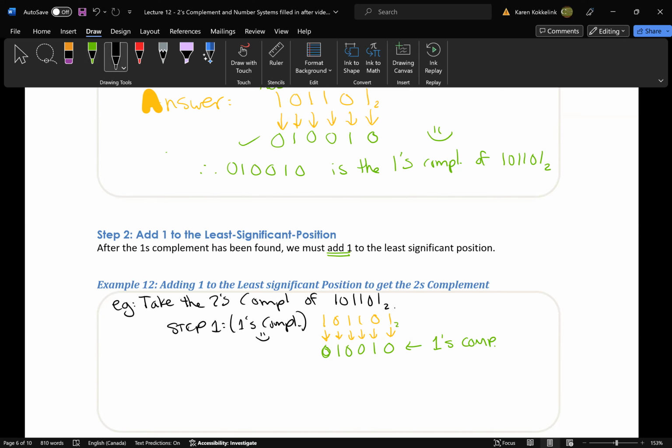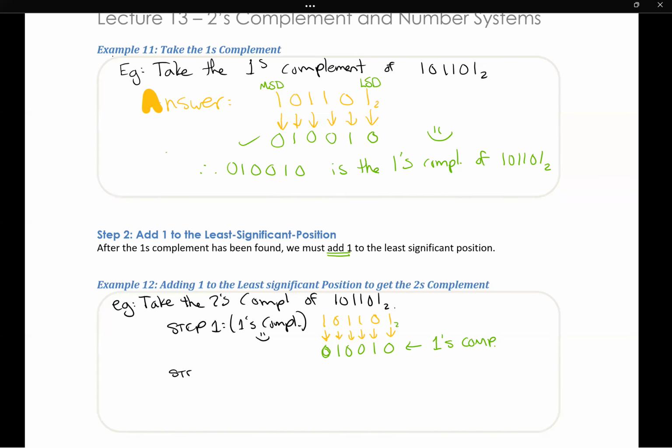Step 2, in order to get the 2's complement, we have to do step 1 and step 2. Step 2, which gets us to the 2's complement, is add a digit to the least significant digit. All right, so our most significant digit is always on this side. Least significant digit is always on this side. So here is our least significant digit. I'm going to add 1 to it. Now, this is kind of a human thing to put, this addition. This is step 2.